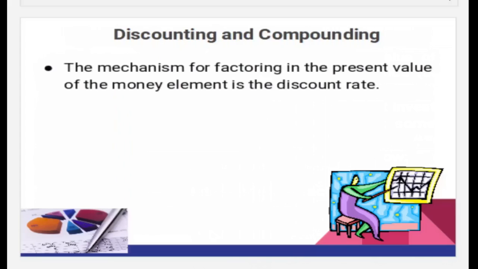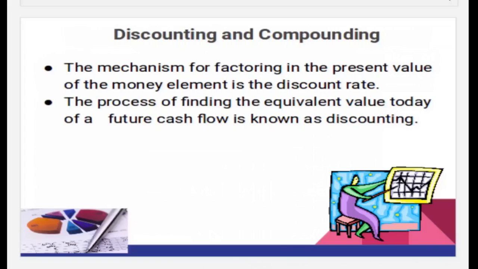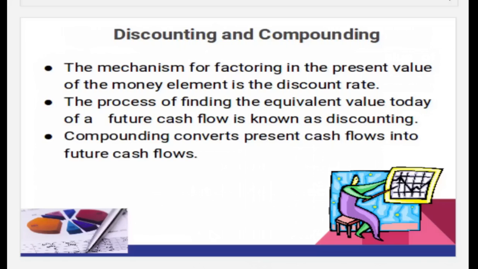The mechanism for factoring in the present value of the money is the discount rate. The process of finding the equivalent value today of a future cash flow is known as discounting, while compounding converts the present cash flow into a future cash flow.